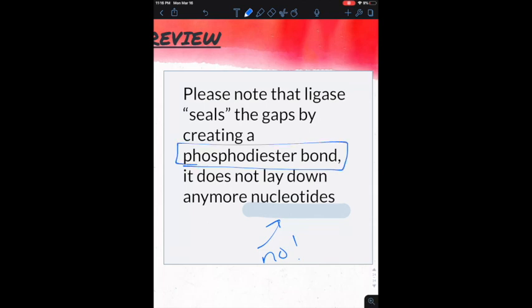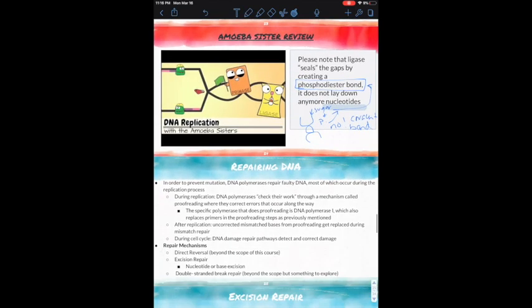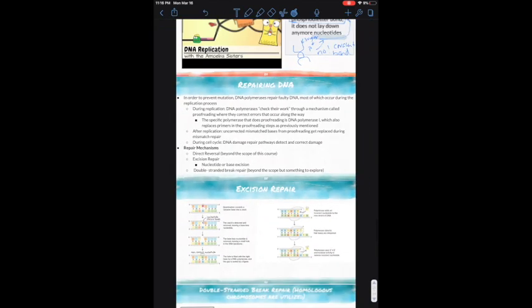Where are those bonds found? In the backbone of the DNA, right? So remember, double helix, the sugar and phosphate bonds in this backbone of the DNA, phosphodiester bonds, which is a type of covalent bond. Okay, so just something to keep in mind.